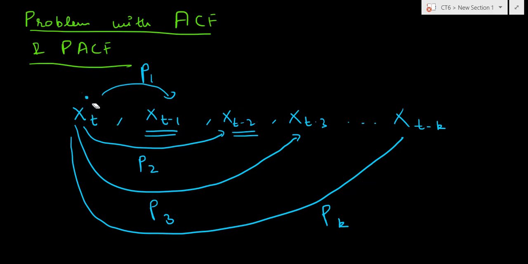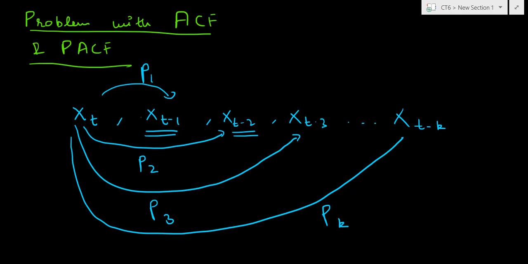Maybe the value of xt minus 2 does not influence xt. But xt minus 2 influences xt minus 1. That is, there is a relationship at a lag of 1, but no direct relationship at a lag of 2. Since there is a relationship at a lag of 1, xt minus 2 will influence xt minus 1, which will in turn influence xt.